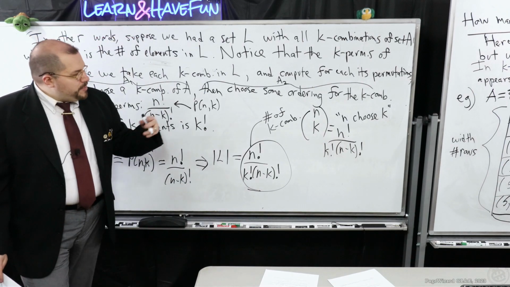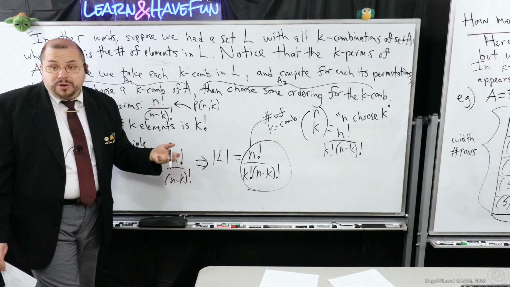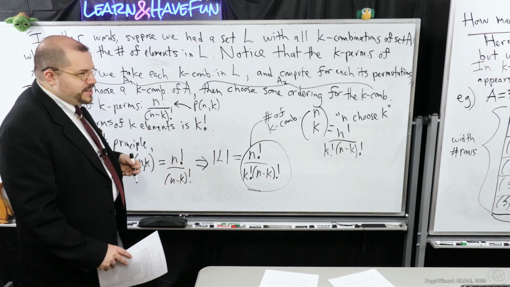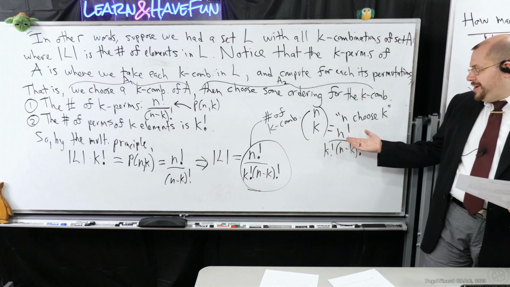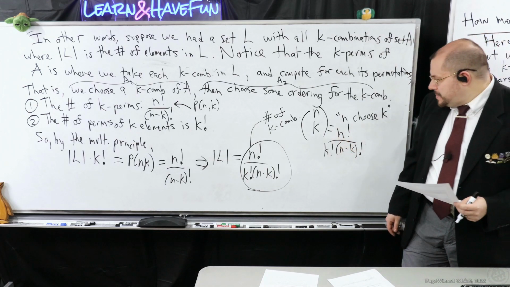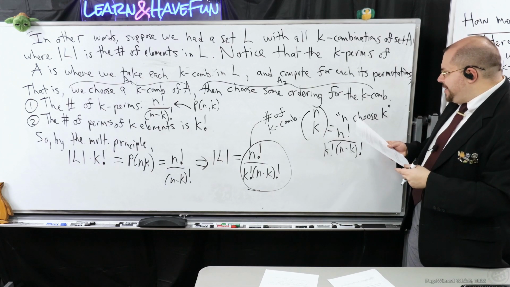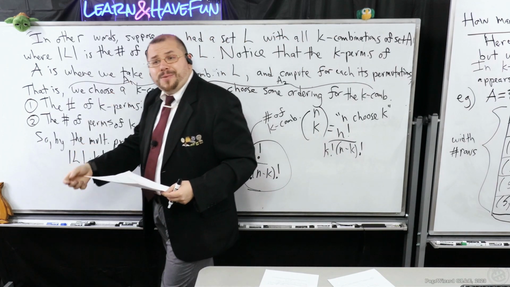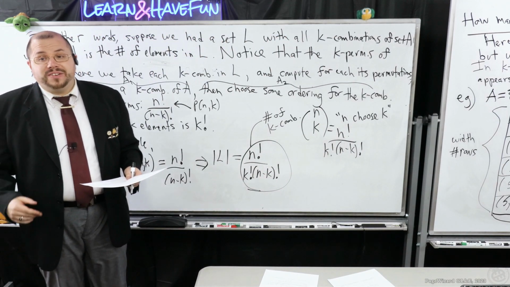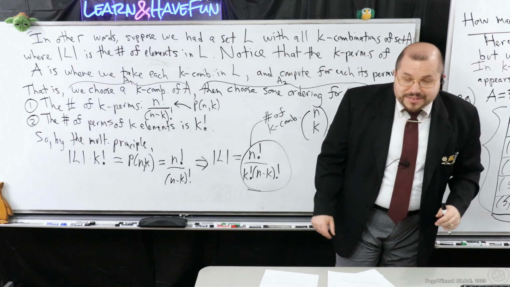Some people refer to it as the choose function. Some also refer to it as the binomial coefficient, which I'm not going to be discussing here today, but it has a close relationship with this so-called choose function. This is one way to derive how many k combinations there are of a set A. Pretty fascinating stuff, right? Let's do some examples.